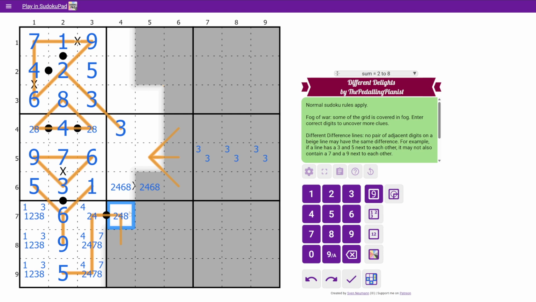If it was a 2, 4, it'd be a difference of 2. This would still be 4, 7. Again, the 4 would have to be at the bottom, and seven would be here.